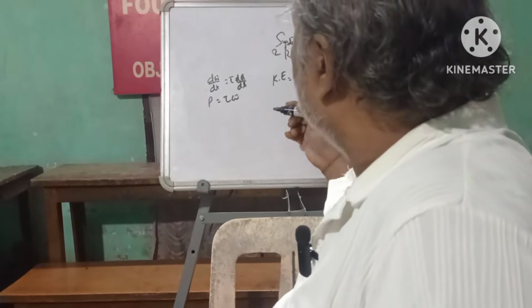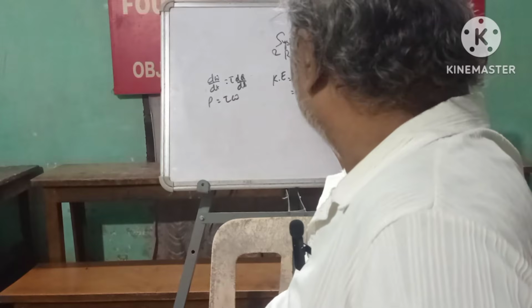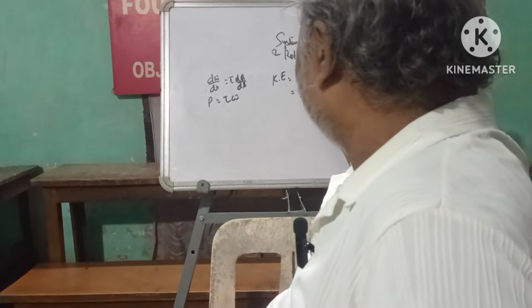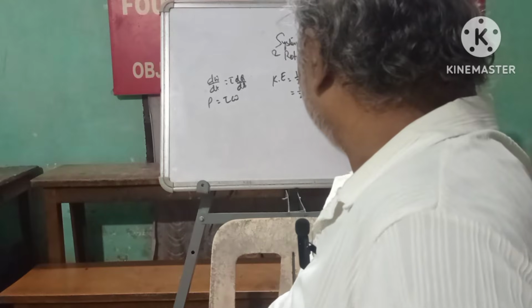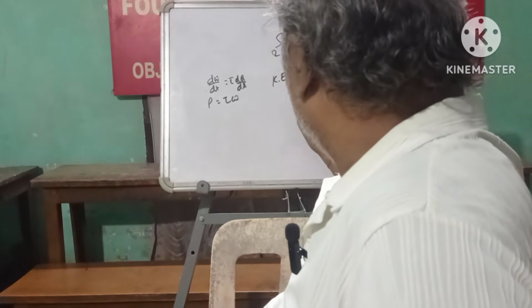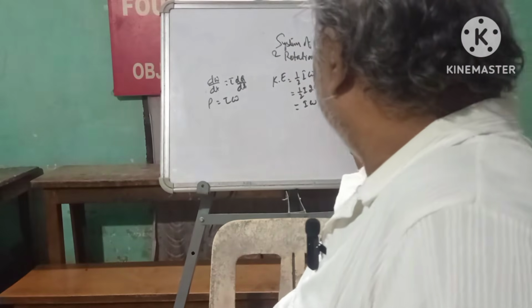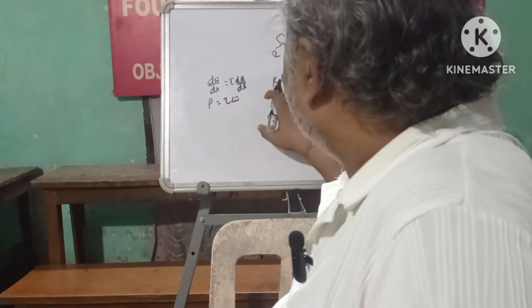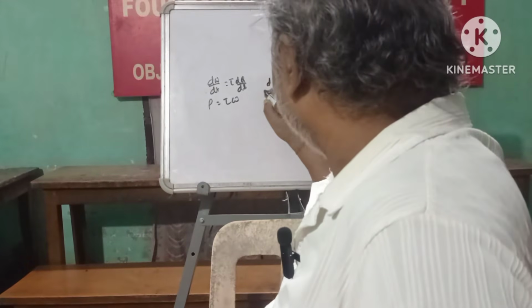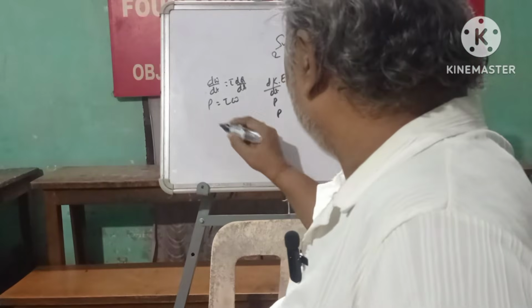This kinetic energy means work done. If you differentiate it with respect to dt, it will be I omega d omega by dt, where d omega by dt is the angular acceleration. So if you differentiate kinetic energy with respect to time, this will be power.